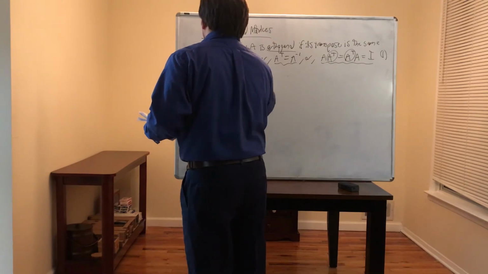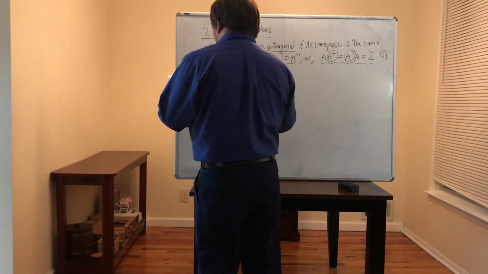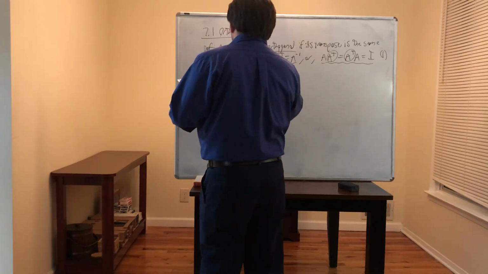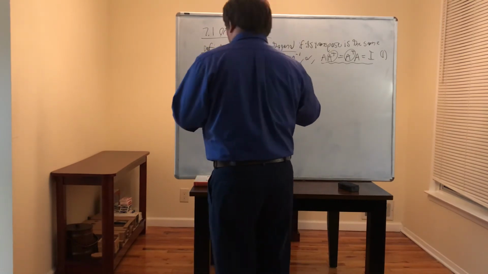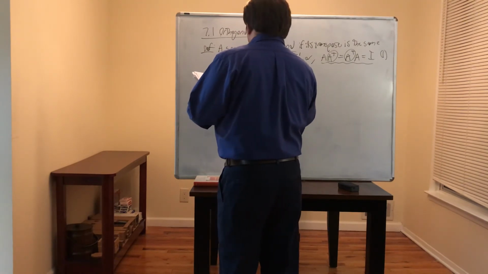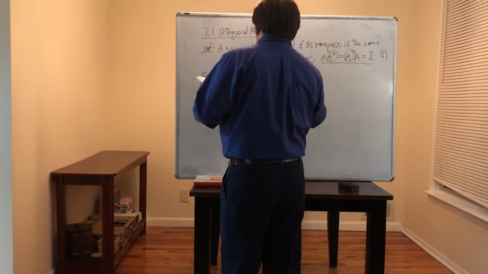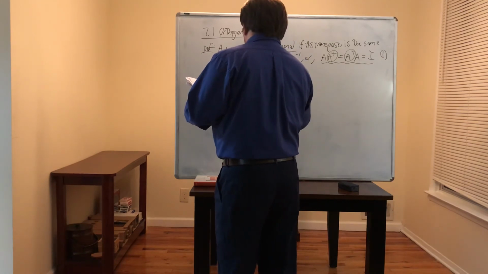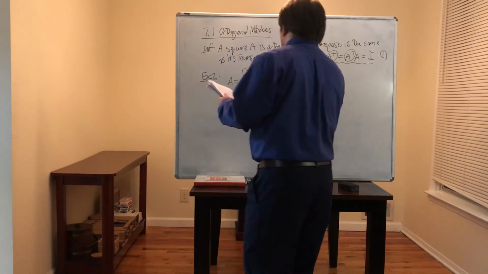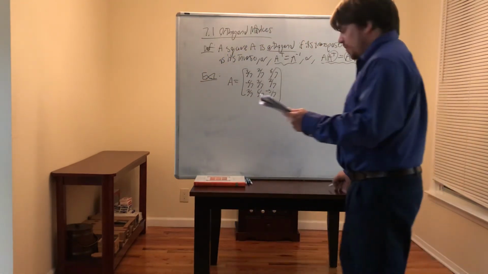Example 1 is an example of an orthogonal matrix. For instance, this matrix A, which is 3/7, 2/7, 6/7, -6/7, 3/7, 2/7, 2/7, 6/7, and -3/7, is orthogonal.